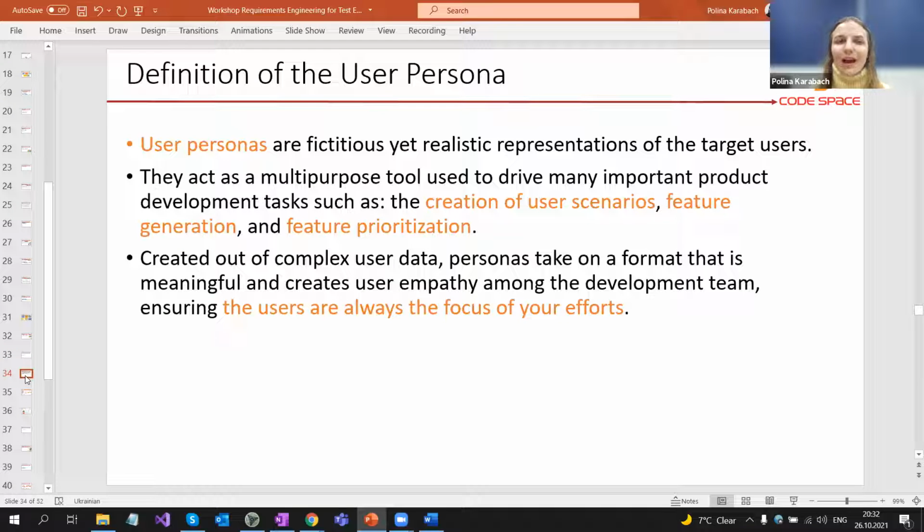User personas are fictitious, and it's important, fictitious yet realistic representations of the target user. So we don't describe the exact person that we know is our user, but we create some rough intermediate, medium representation that would be a weighted average user of this group.